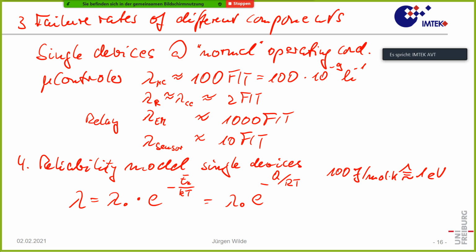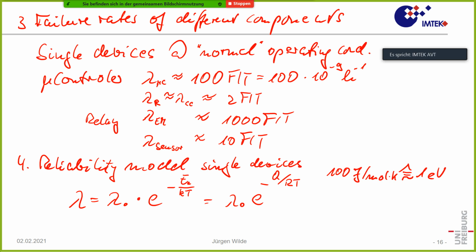That is a good rule. So sometimes, when I ask what would be the failure rate when we increase temperature by 10 degree, you say it is doubled or so. You do not start calculating with an exponential function.